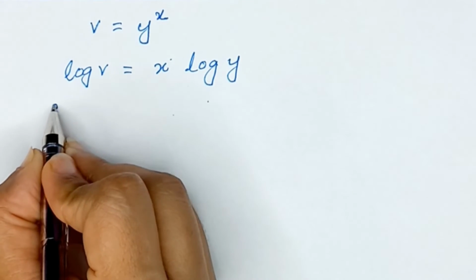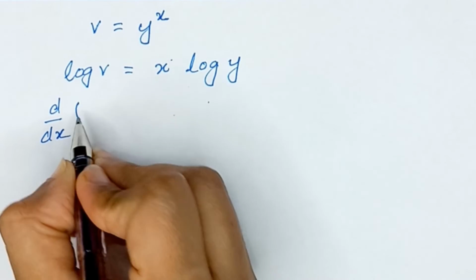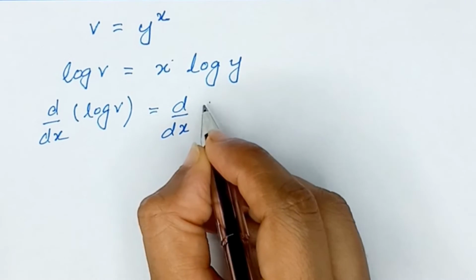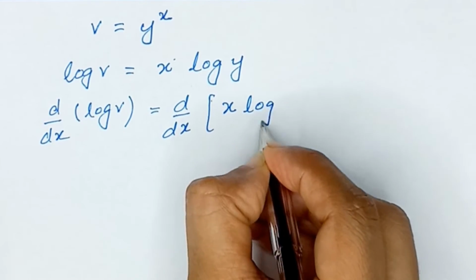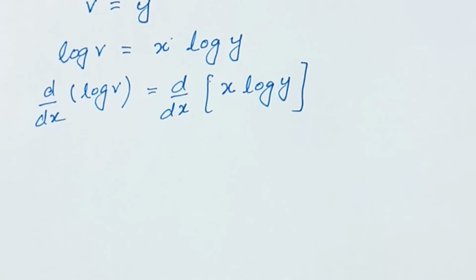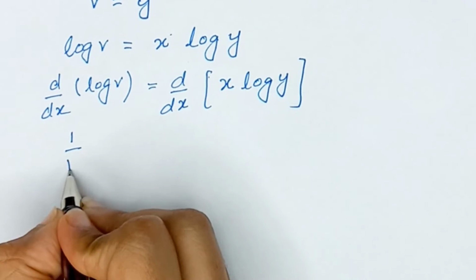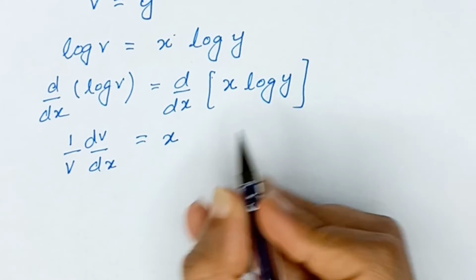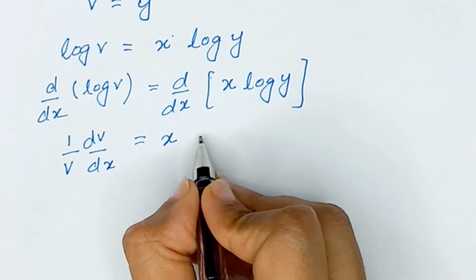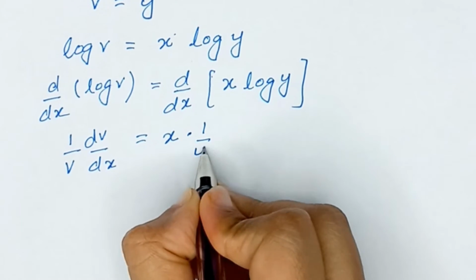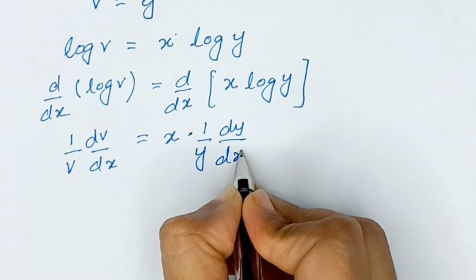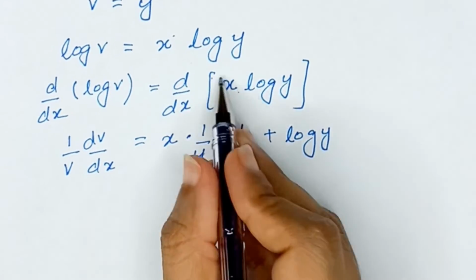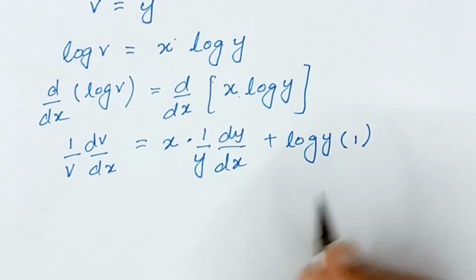Now we will take the derivative: d divided by dx of log of v is equal to d divided by dx of x times log of y. So it will become 1 divided by v dv divided by dx is equal to, x will remain the same and it will become 1 divided by y dy divided by dx. Now log of y will be the same, and the derivative of x will be equal to 1.